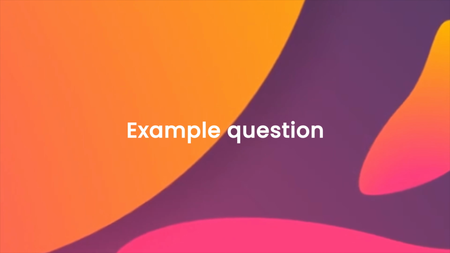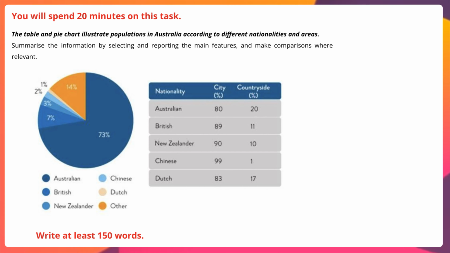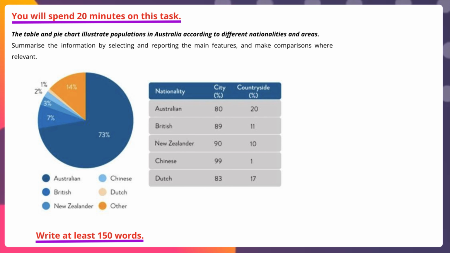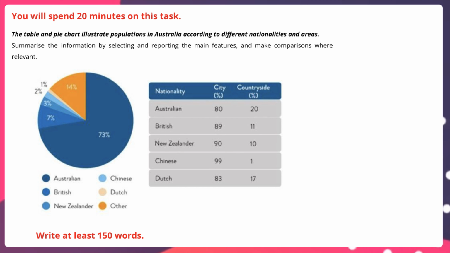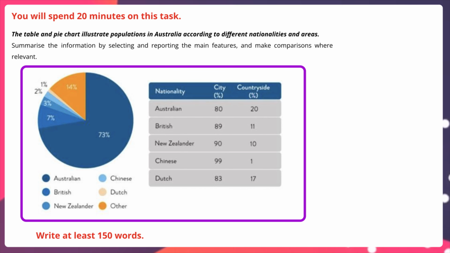Let's look into the example question task in this particular section. You can see the two instructions given, that is the time duration is going to be 20 minutes and you have to write at least 150 words, as I suggest you should be writing 175 to 185 words. The main question talks about two different types of charts, that is the table chart and the pie chart.